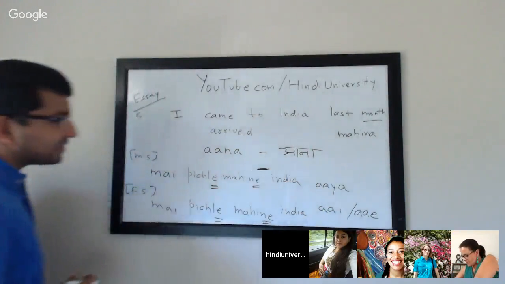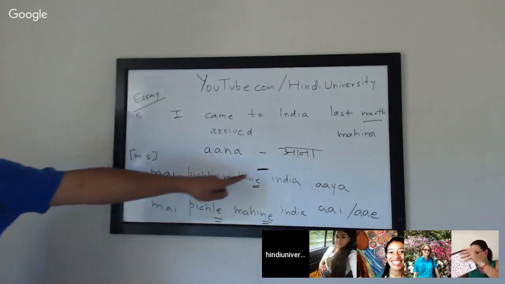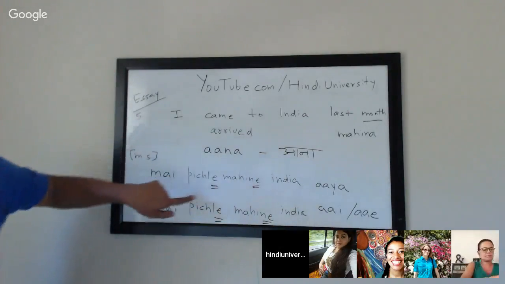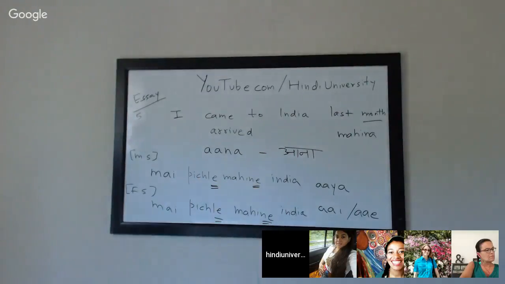Either you can say मैं पिछले महीने में इंडिया आया, right? So that postposition you don't see in the sentence, but it is causing the inflection. We can cover it a little bit more towards the end of the class, but the point is you are using the inflected form of पिछला, which is पिछले, and similarly महीना becomes महीने because of the postposition. Okay, very good question actually.